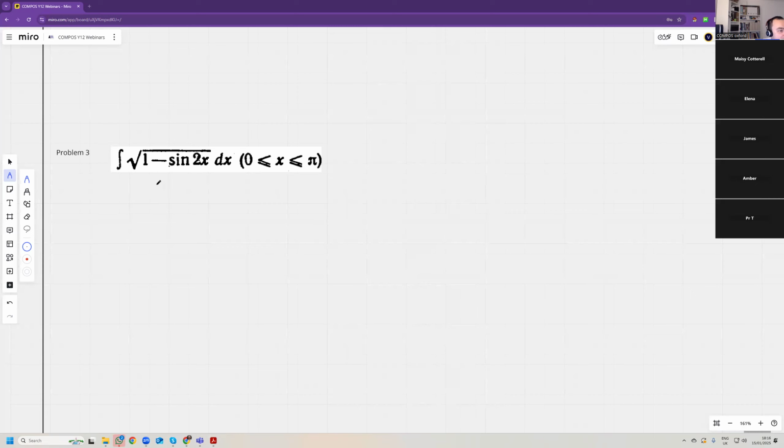Okay, so I can, it says from 0 to pi. I can do 1 minus 2. No, that won't work. Let's say what if I do sine 4x can be written as 2 sine 2x cos 2x.